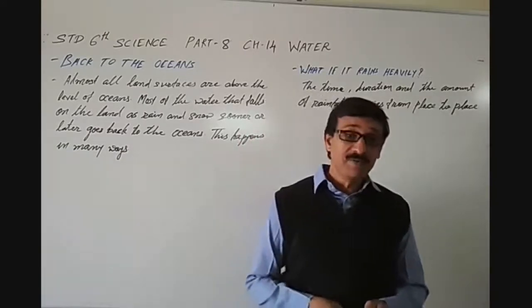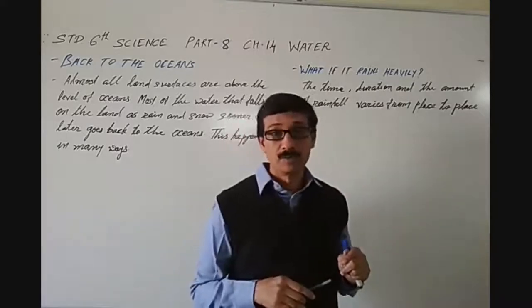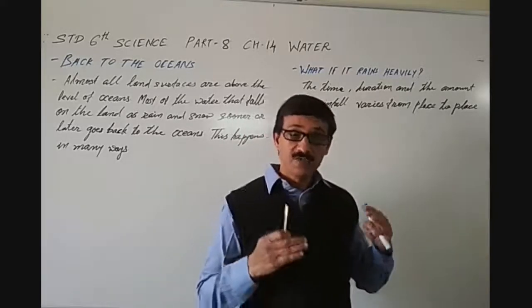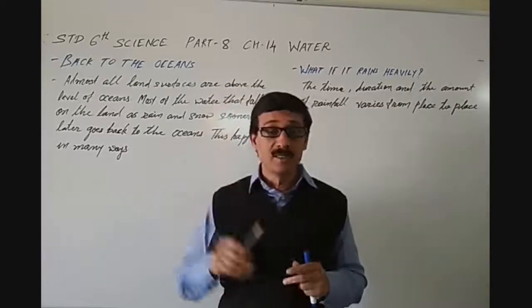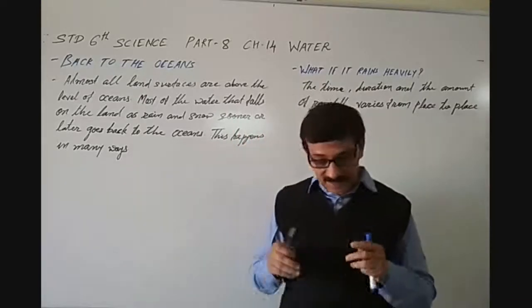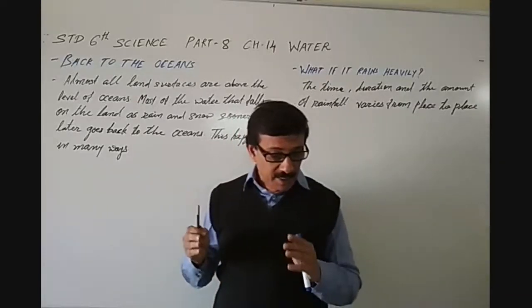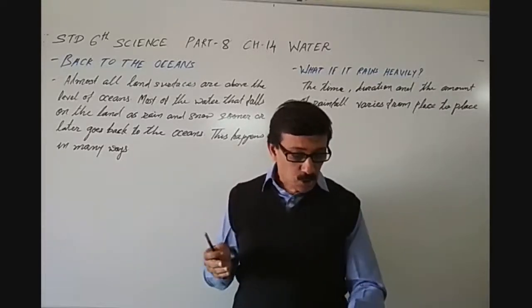In the last part we discussed the formation of clouds. As we go higher and higher from the surface of the earth, it gets cooler, isn't it? In the same way, when the air moves up, it gets cooler and cooler.